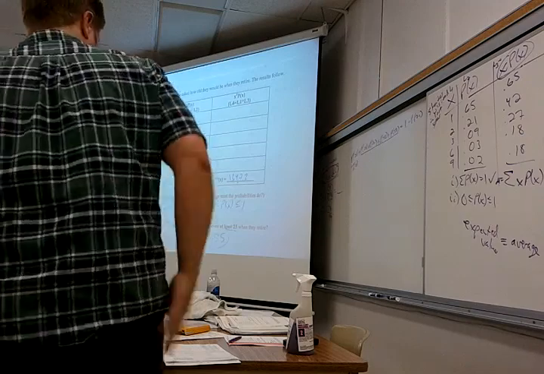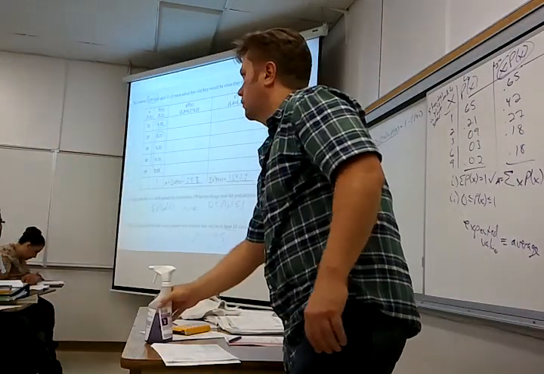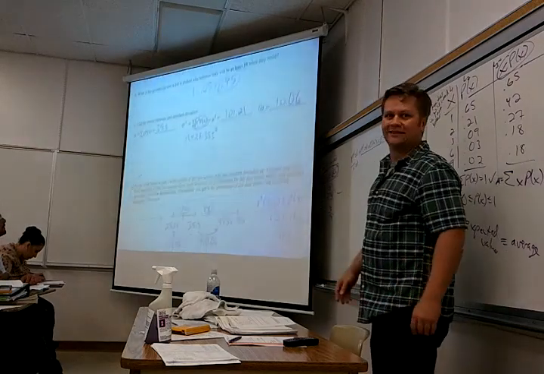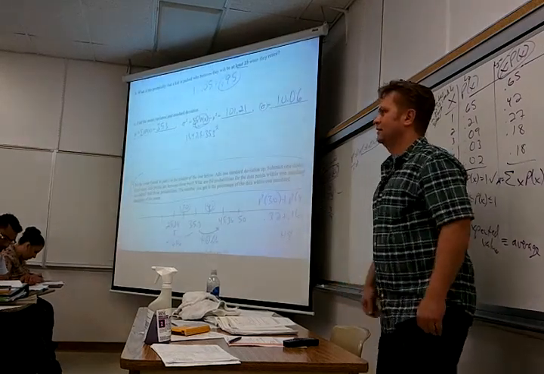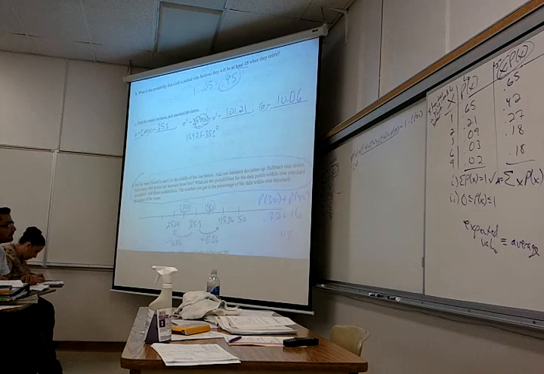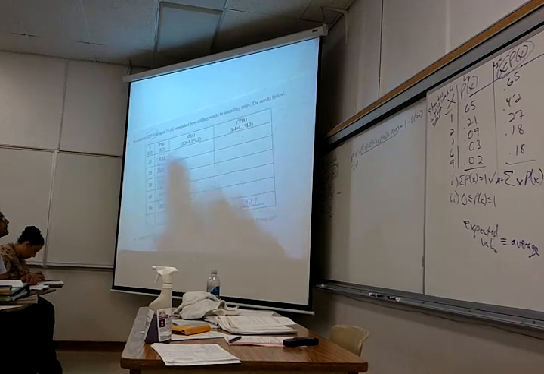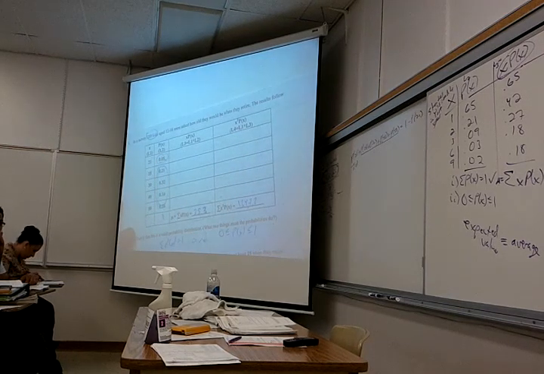As a test question, might you give us the table without the equations, and then we have to fill it in? No, don't expect those on a quiz or a test. This is just for a handout, so you can get used to how to put it in.